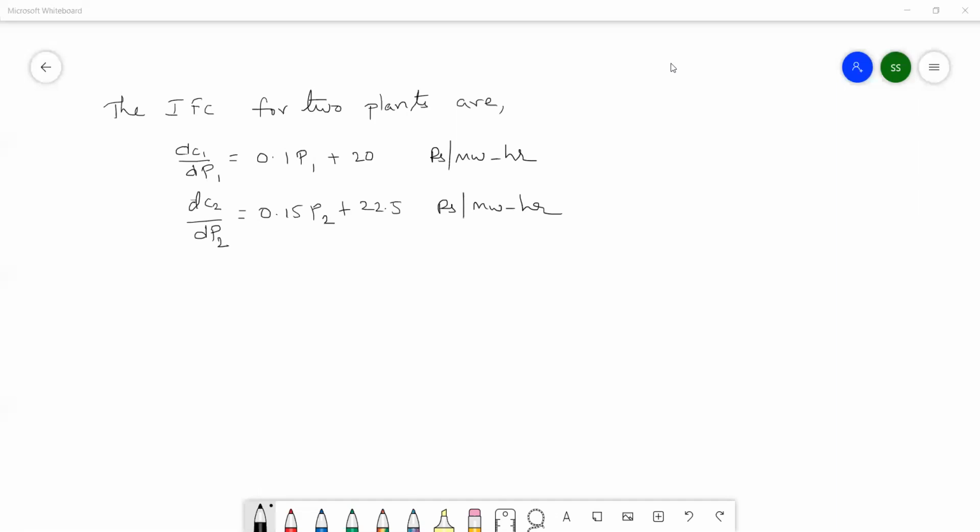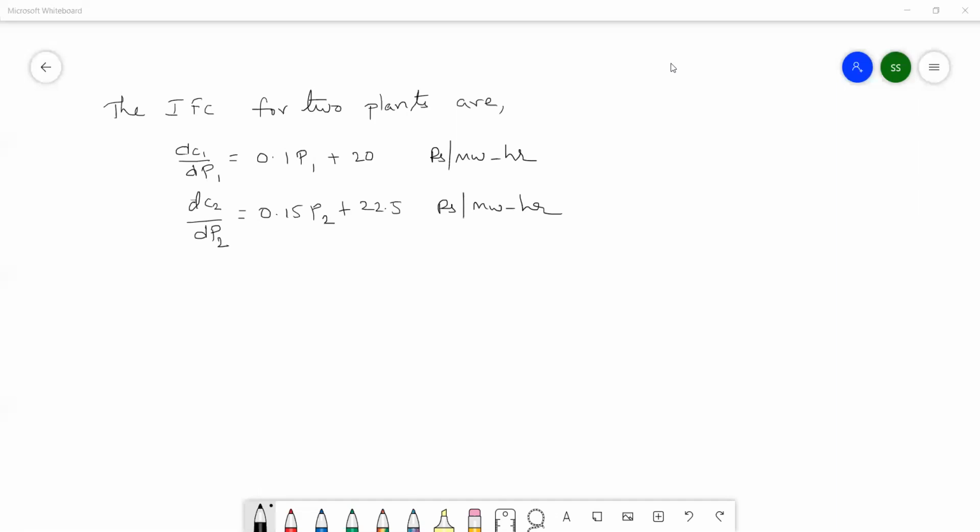Substitute the values of P1, P2, L2. That is L1 into dC1 by dP1, given as 0.1 P1 plus 20, equals L2, already calculated as 1.25, times dC2 by dP2, given as 0.15 P2 plus 22.5.